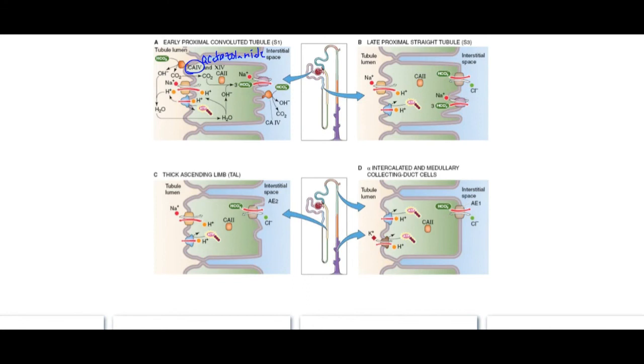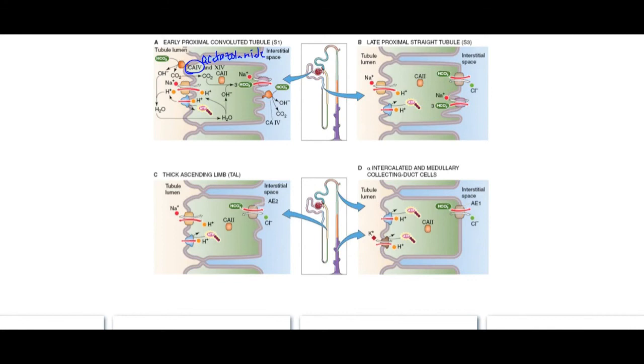Now, you'll notice that the carbonic anhydrase 2 is found also in the late straight proximal tubule, in the thick ascending limb, and also in your alpha intercalated cells in your medullary collecting ducts.